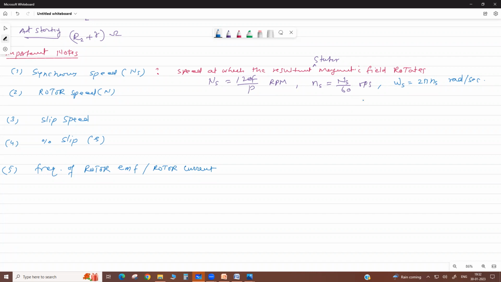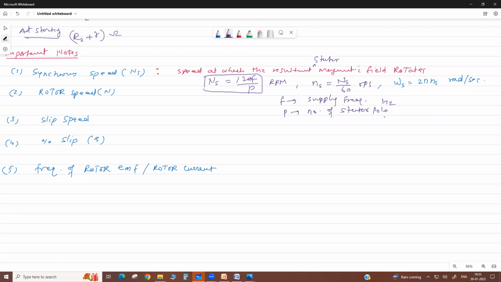Now here we write, f in this formula is the supply frequency, stator frequency, in hertz, and p is the number of stator pole pairs.